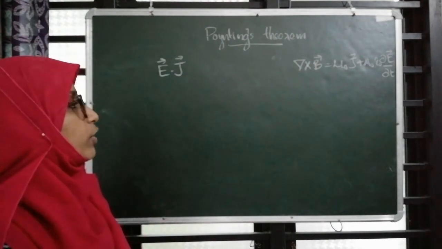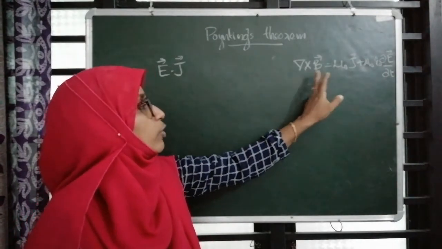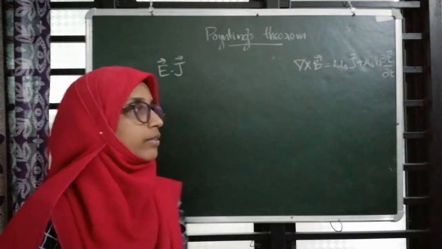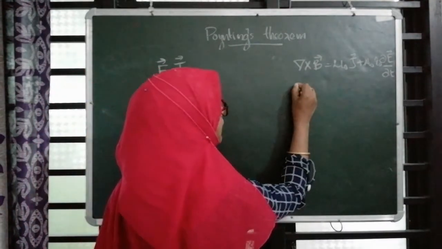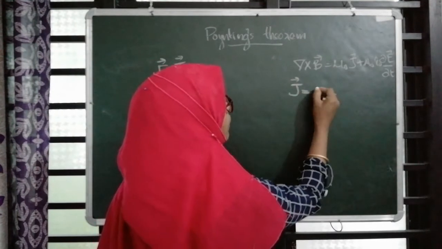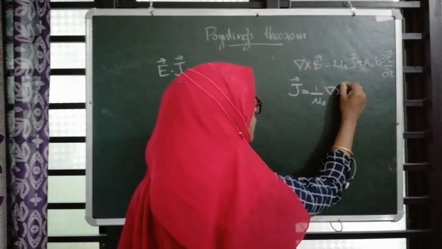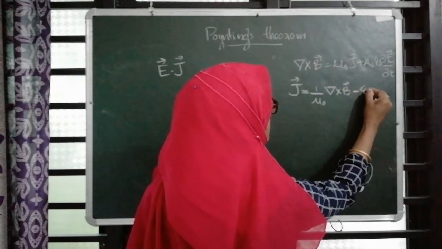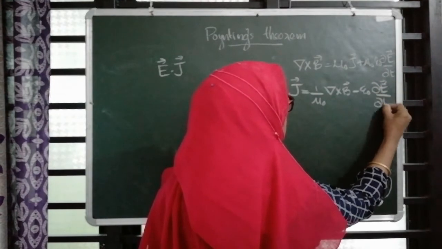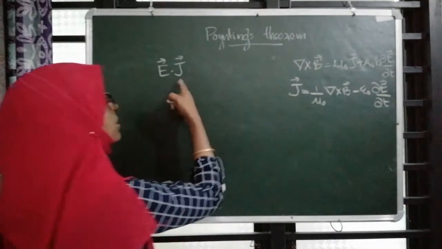Now, we know the Ampere-Maxwell equation, that is Maxwell's modified equation, del cross B is equal to mu 0 J plus mu 0 epsilon 0 dou E by dou T. From this, we can write for J: J is equal to 1 by mu 0 del cross B minus epsilon 0 dou E by dou T. We can substitute this J in this equation.